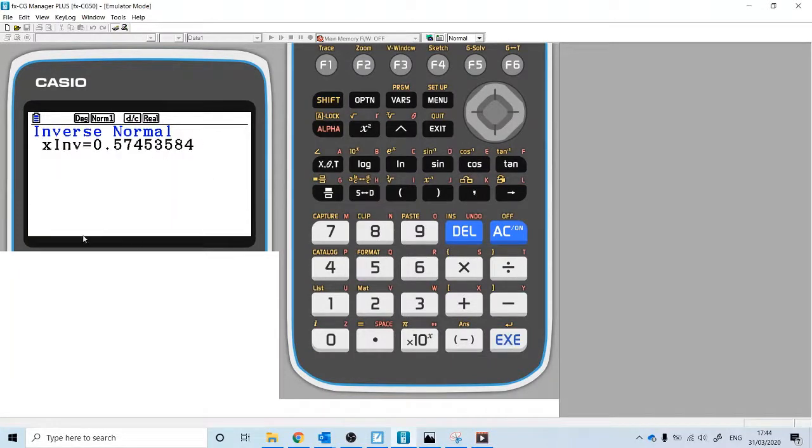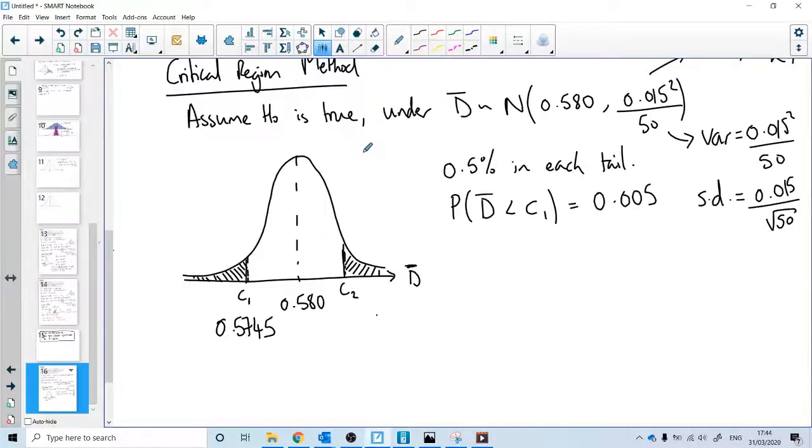So we're going to get our critical region is 0.5745. And we could do a similar thing for the upper tail, or the right tail. So we know that this area here needs to be 0.5%. So the probability of D bar being greater than C2 is 0.005.